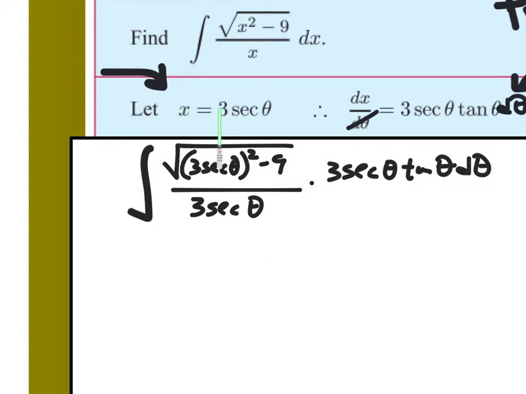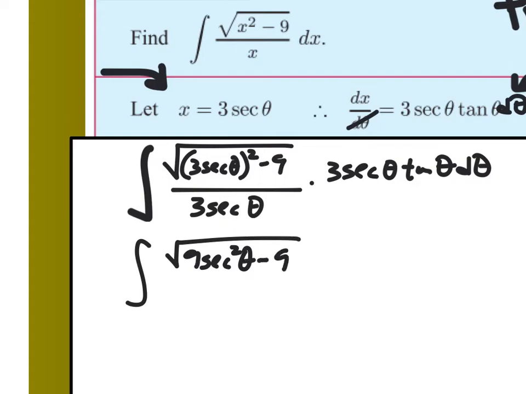X equals 3 secant theta, so I did a direct substitution here and here. We found that dx, I just multiplied both sides by d theta, is 3 secant theta tangent theta d theta. So I put that on the end, substituting in for dx. As I simplify, I can do some simplifying immediately. I would get 9 secant squared theta minus 9, and what will happen here is I'll get a cancellation of 3 secant theta with 3 secant theta.